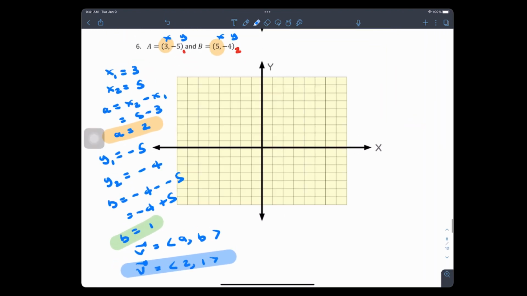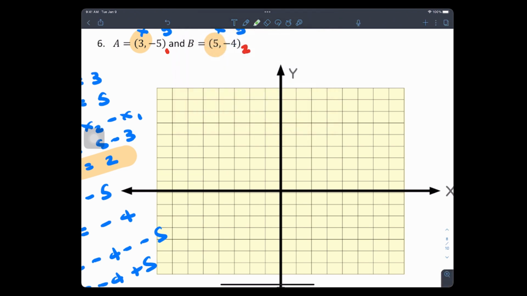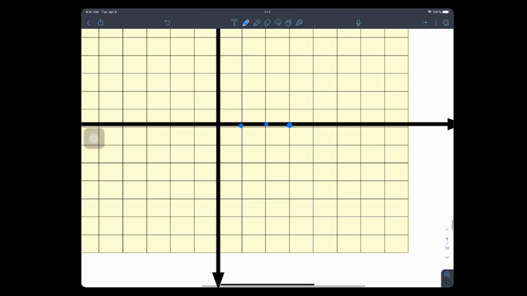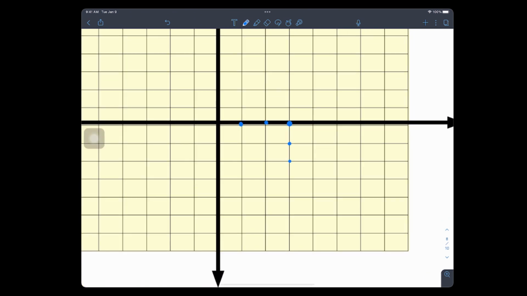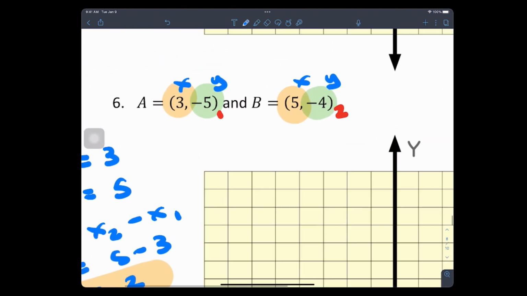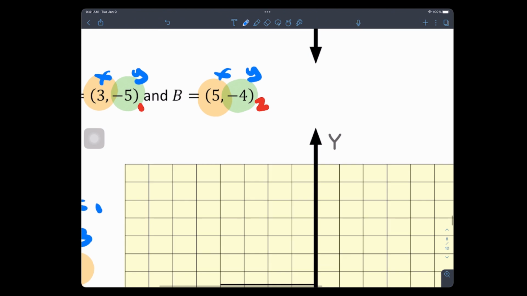So you might say, okay, what does this really look like again? Where's the point 3, -5? 3, we go to the right, 1, 2, 3. -5, you go down 1, 2, 3, 4, and 5 right here. Okay, so this is that address 3, -5. This is my initial point here. Terminal point is 5, -4.